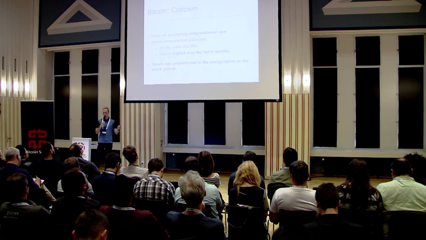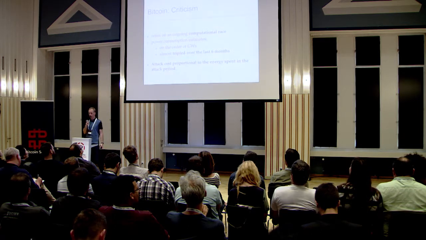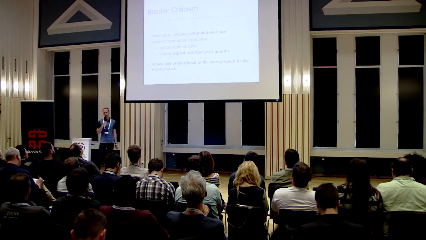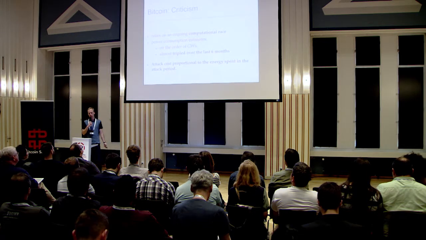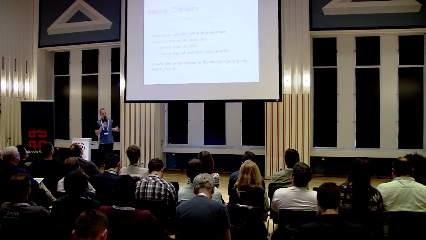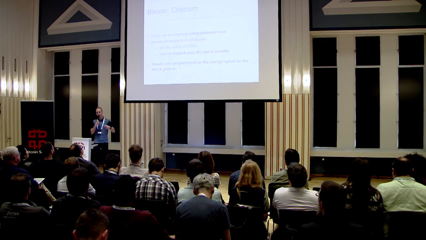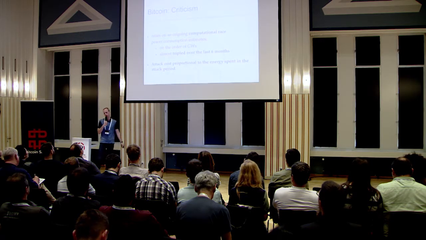The main criticism that you can often hear about Bitcoin, and I find it relevant, is that as it relies on this ongoing computational race that I already described, this leads to an ever-increasing cycle of spending more and more power for mining and increasing the power consumption.